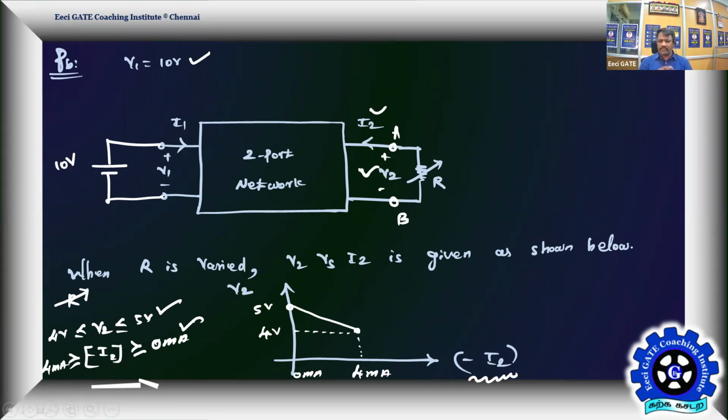So what exactly is the problem? If this is the condition, when R varies, this is how the connection between V2 and I2 exists. If I replace R by an equivalent having a resistance of 1 kilo ohm and a battery of 10 volt, connected in the place of R, then what is the current I2 in the given circuit?